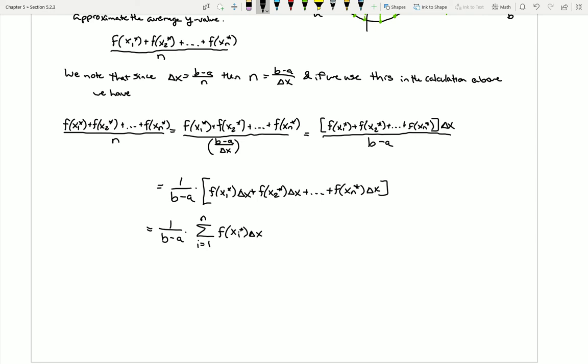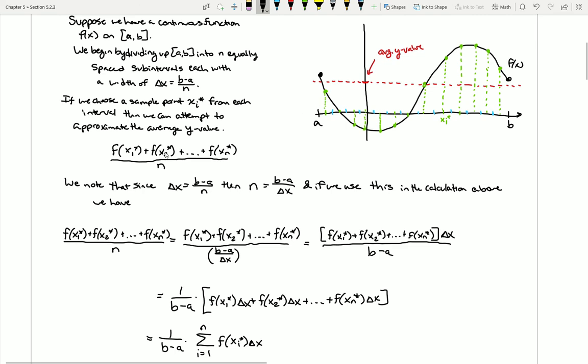Now, here's what's interesting. This right now is a formula that computes for us this sort of partial average value. The issue right now is that we haven't used all of the y values on the graph like we were supposed to. But notice that if n was to increase, instead of n giving us, I don't know how many intervals this is, but let's say it's close to 10.